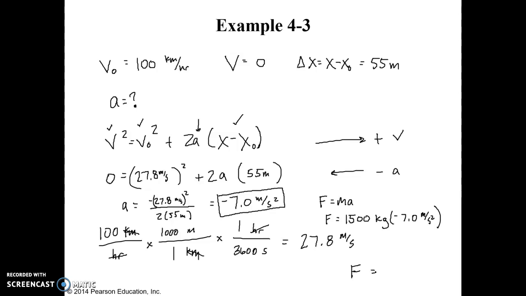I really used up all my room on this slide, didn't I? So the force is 10,500. A kilogram meter per second squared is a newton. So that is the force. 10,500 newtons will be required to bring this car to a stop within 55 meters.